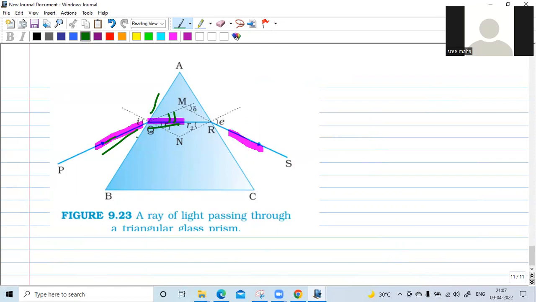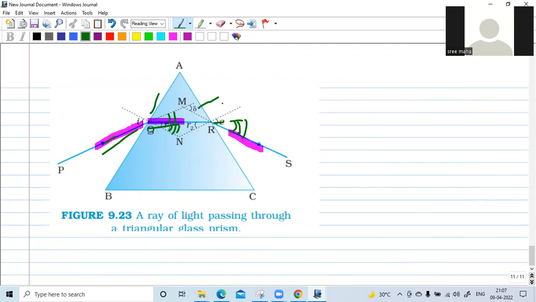Now with respect to this refracted ray, it is getting further deflected. So this is the total deflection.